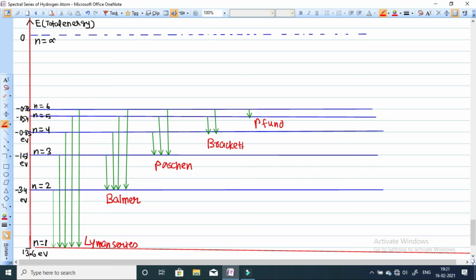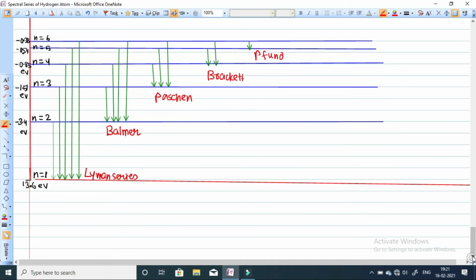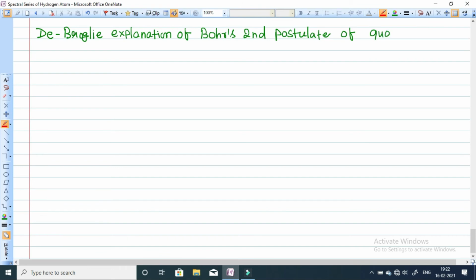The next topic of discussion here is de Broglie explanation, basically d will be small, de Broglie explanation of Bohr's second postulate of quantization.